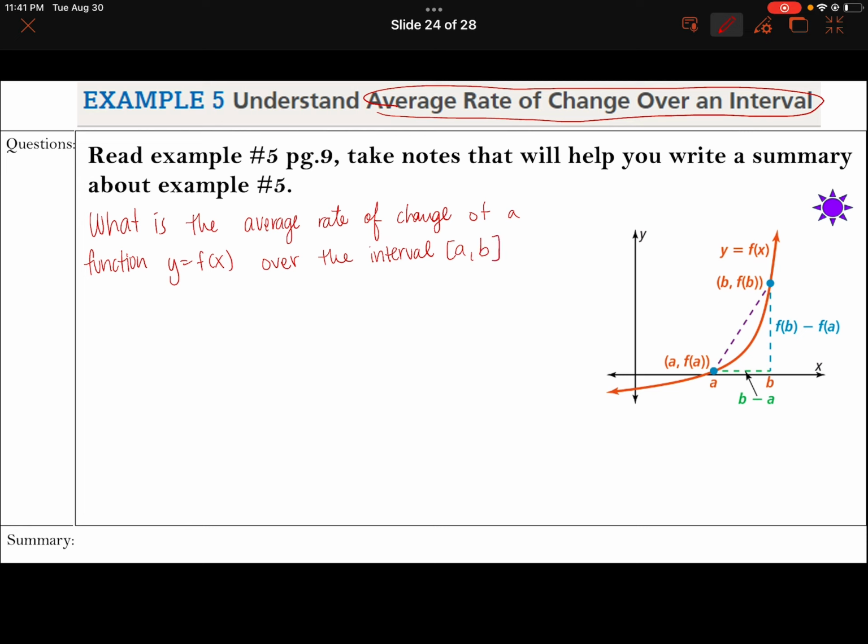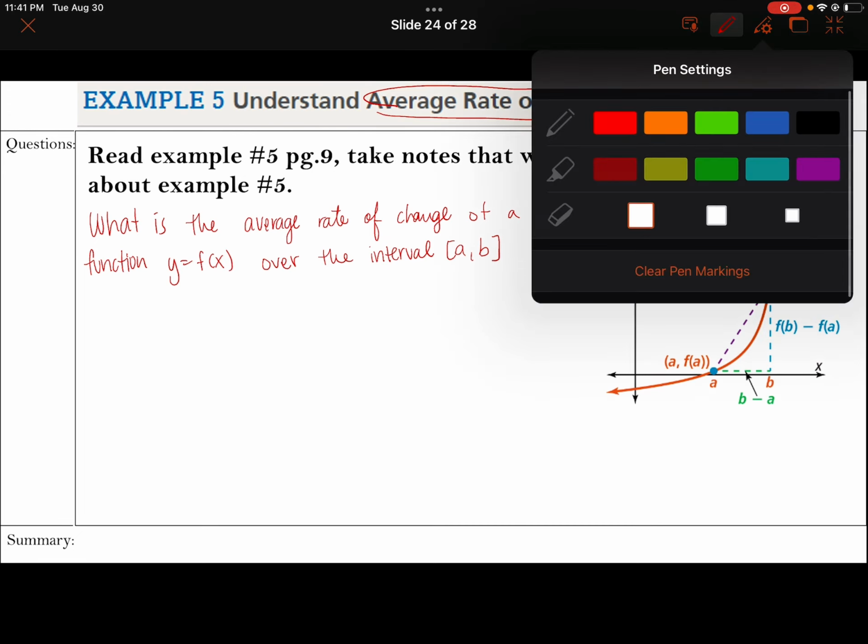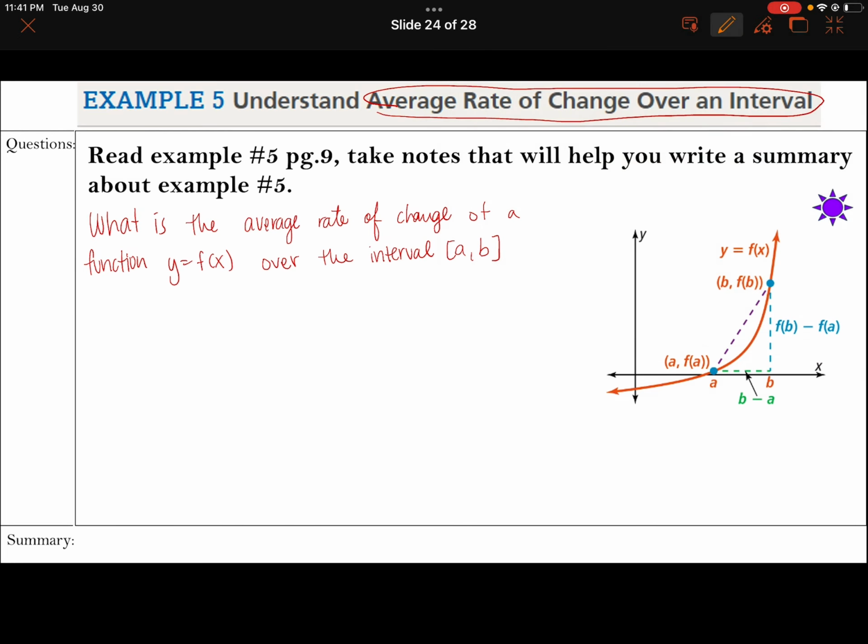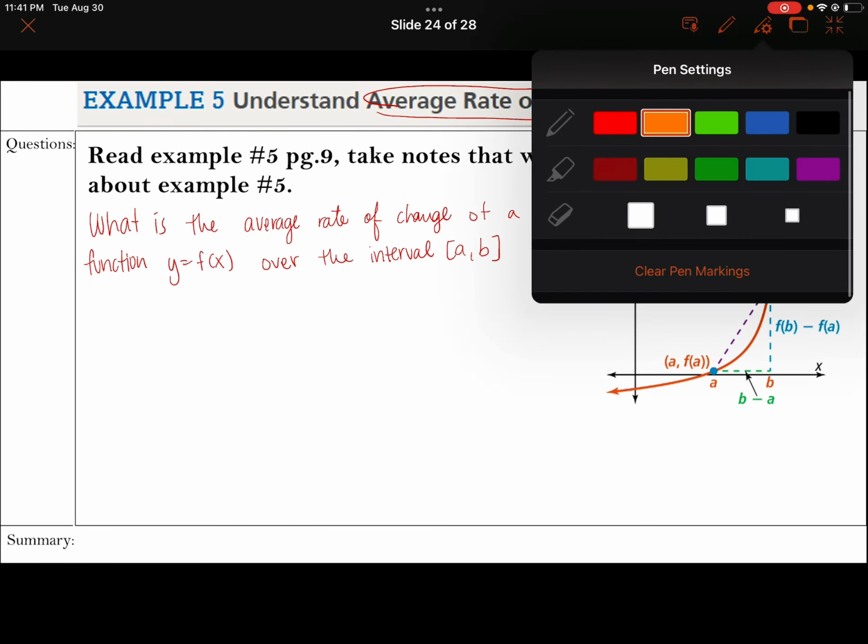So what's the average rate of change? I will explain that in a little bit, but for now, let's just dissect this question.